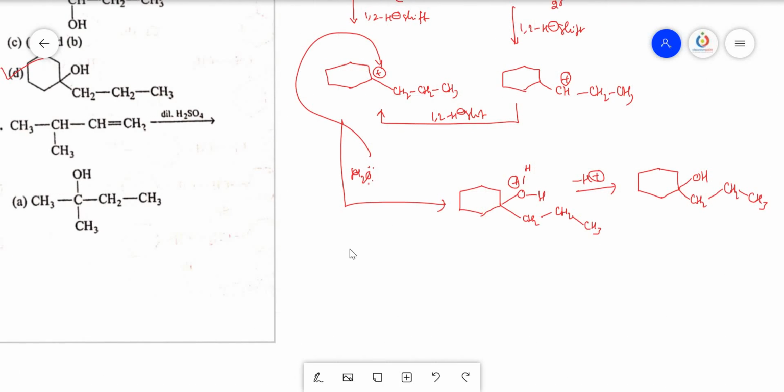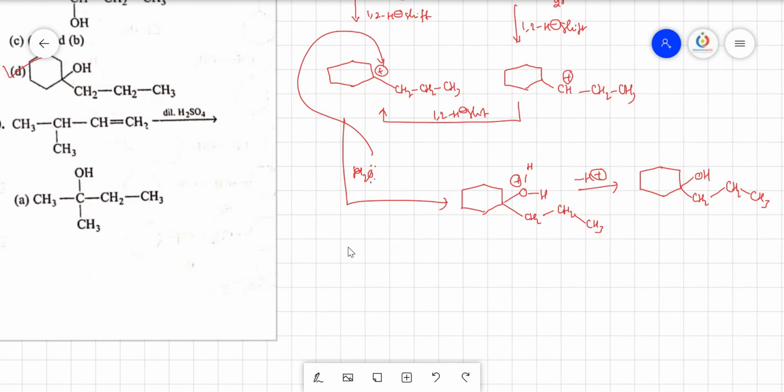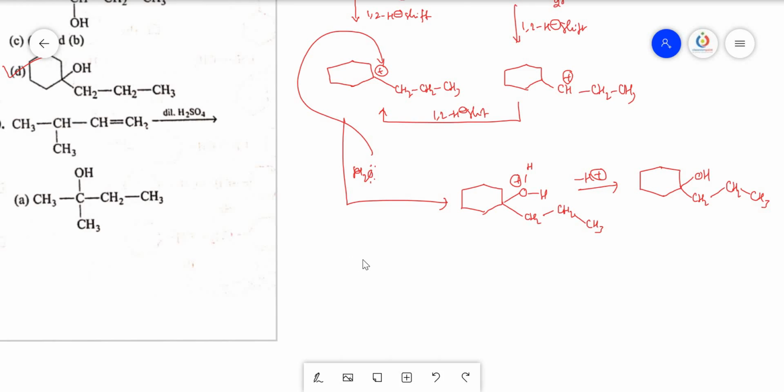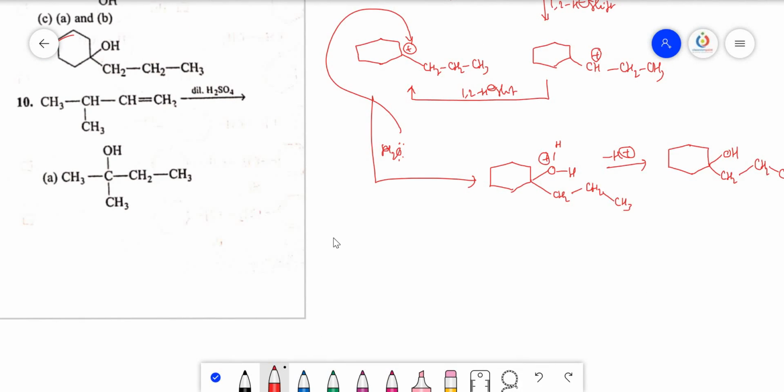It must be visible to you. If you feel that you are missing any step, just pause the video and see that once again. So let me explain question number 10. According to this question, CH3, CH3, I am writing the reactant molecule which will help me explain the mechanism.